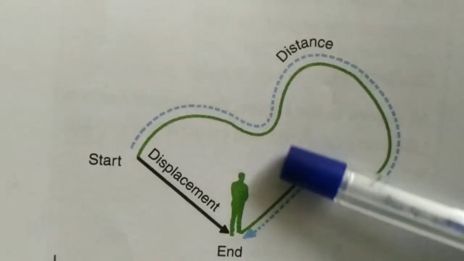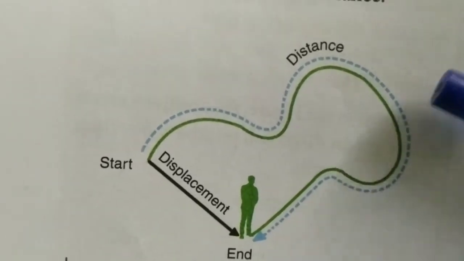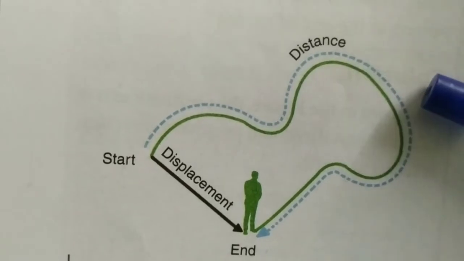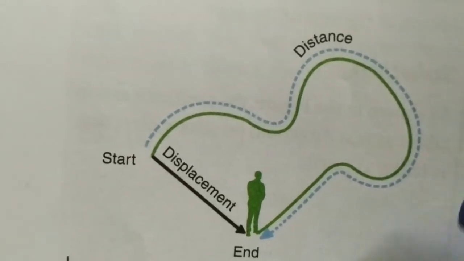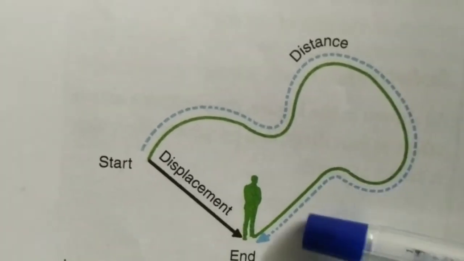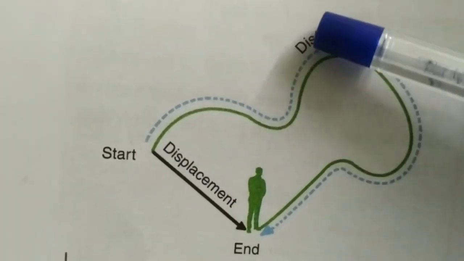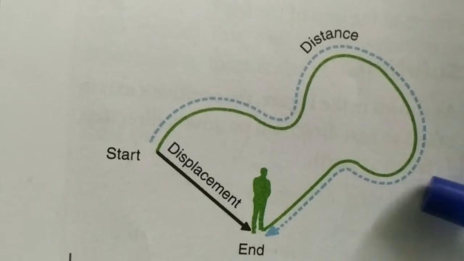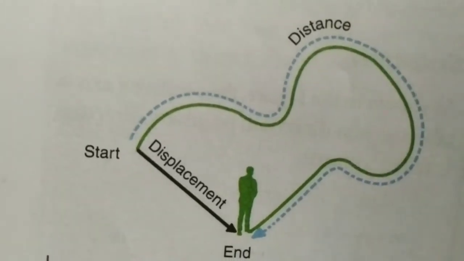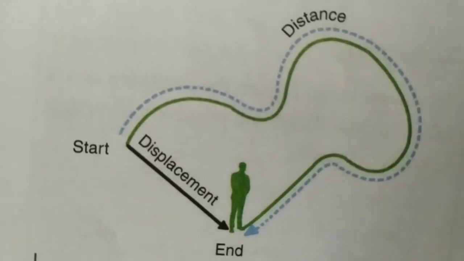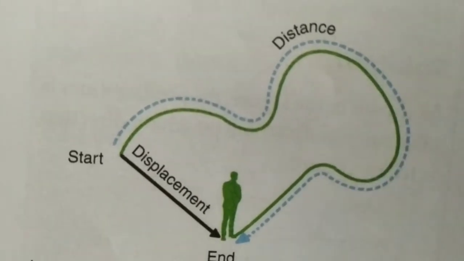Here this distance has no particular direction, so it is a scalar quantity. He moves here and there, in this direction, then here, then again in this direction. Whatever direction he moves, there is no particular direction for distance.